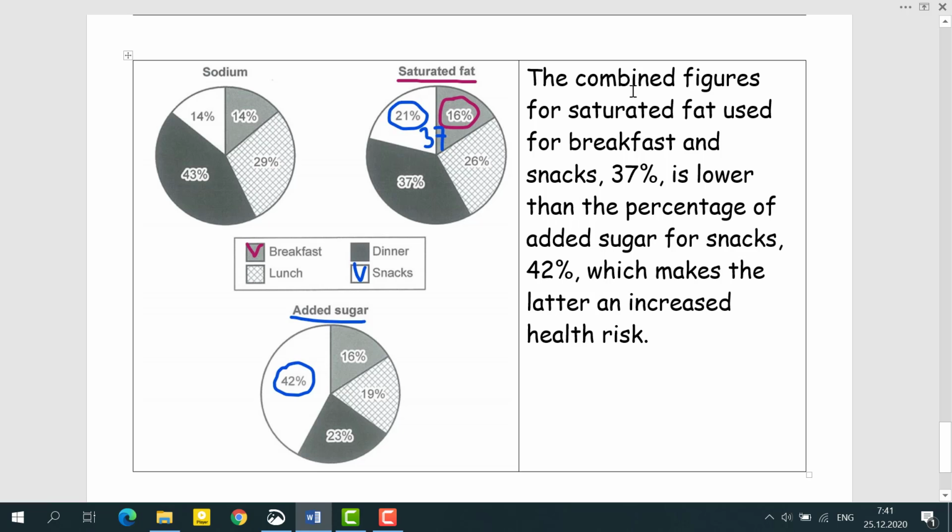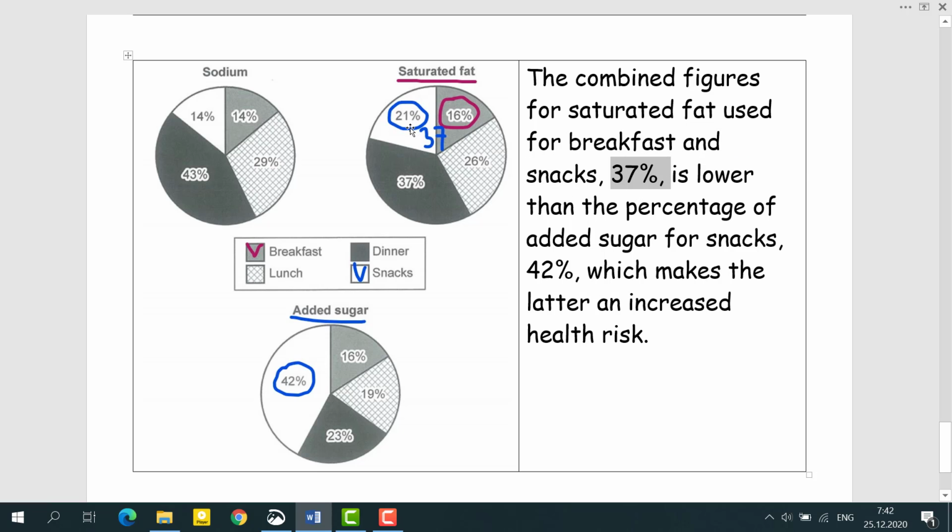And remember, the combined figures, you don't want to write the connected figures or the united figures. No, the combined figures, and then for, not of, but for. The combined figures for saturated fat. Let's look at this saturated fat used for breakfast and snacks. Breakfast, okay, and snacks, 37%.